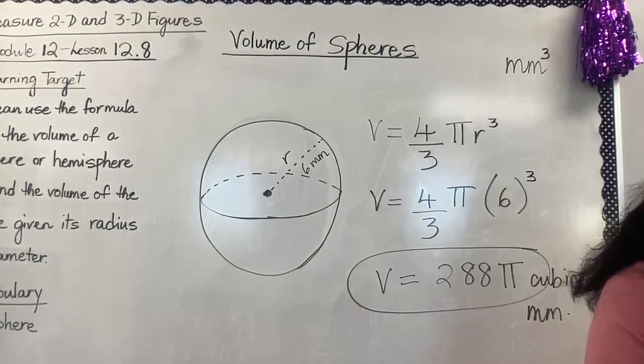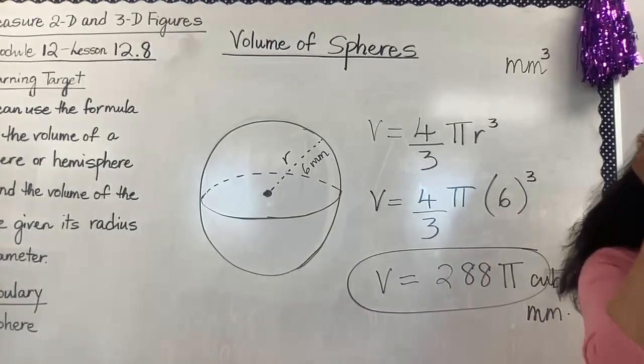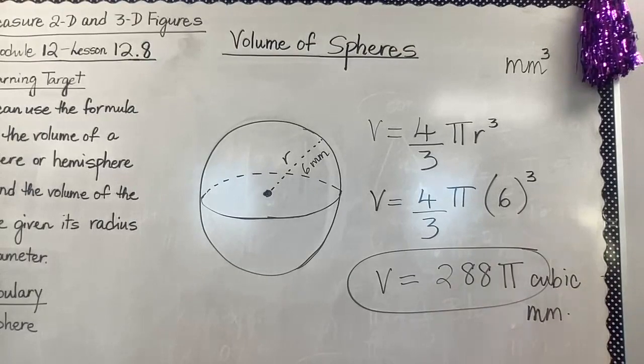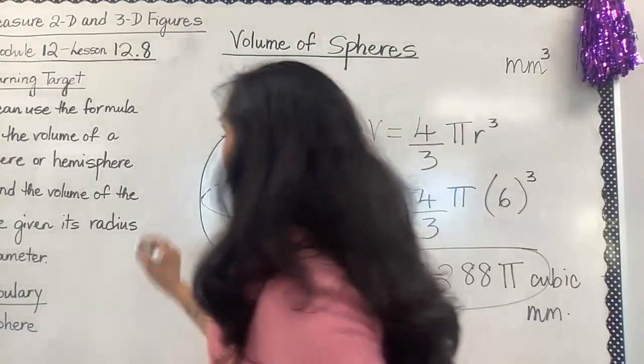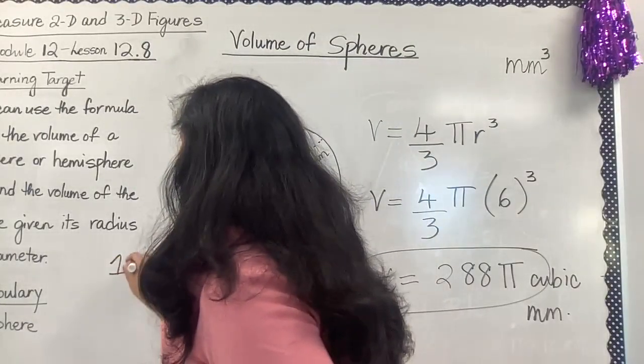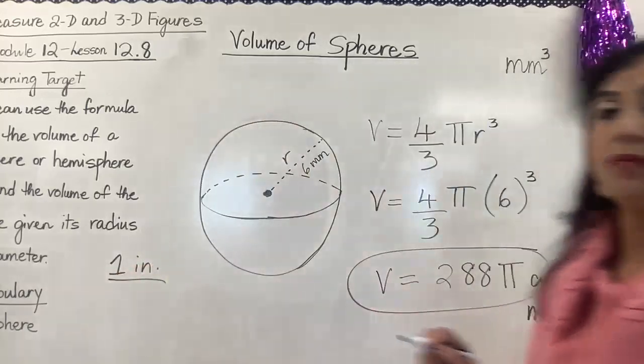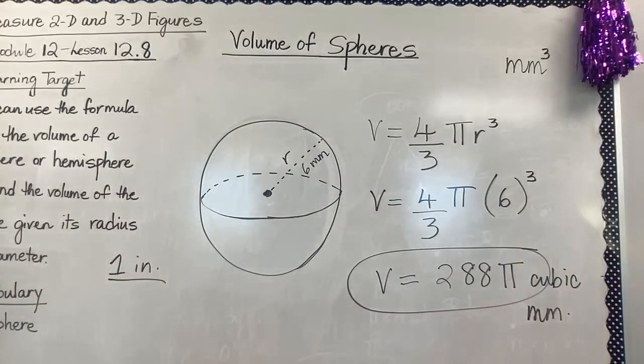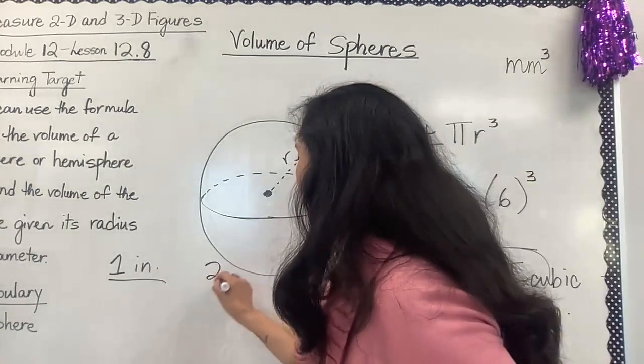Now let's say I have a sphere with a radius of 1 inch, and I have another sphere which has a radius of 2 inches.